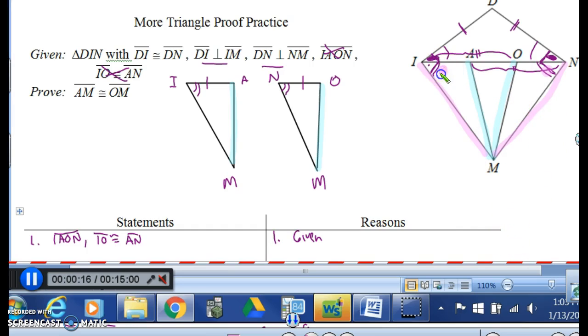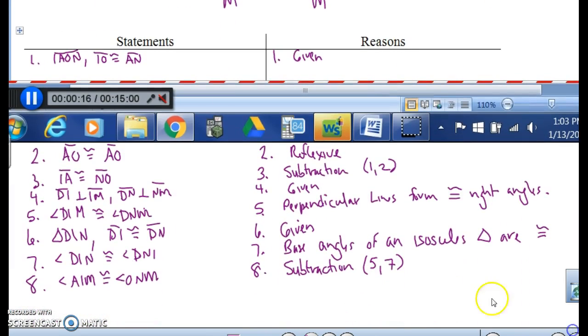Okay, so because we proved these two angles congruent, this side and this side are also congruent. So, moving on down back here, I can say that IM is congruent to NM.